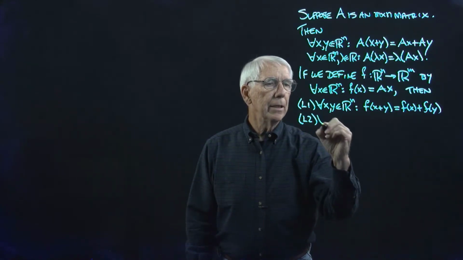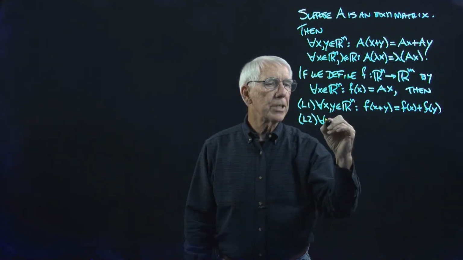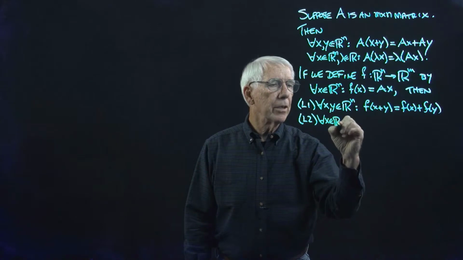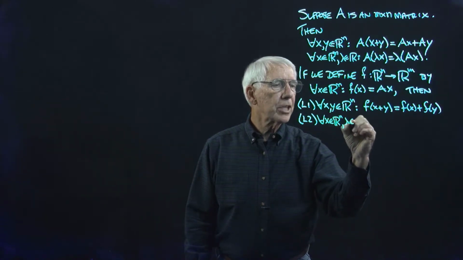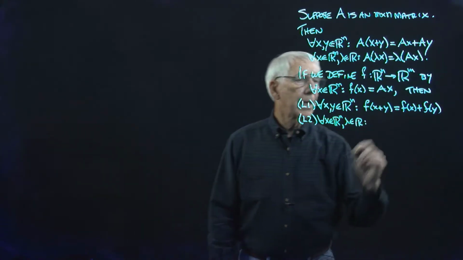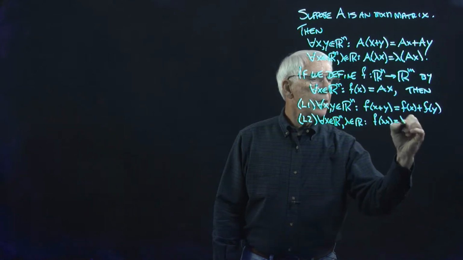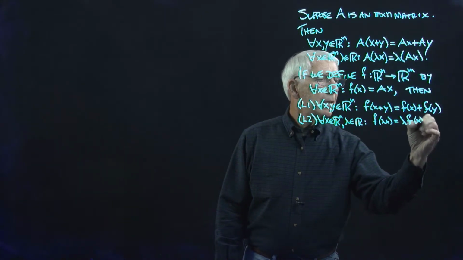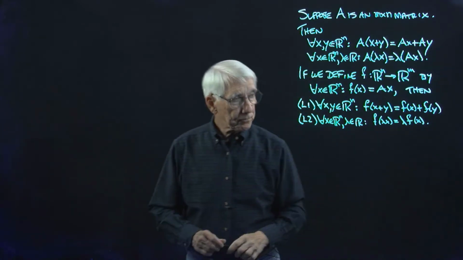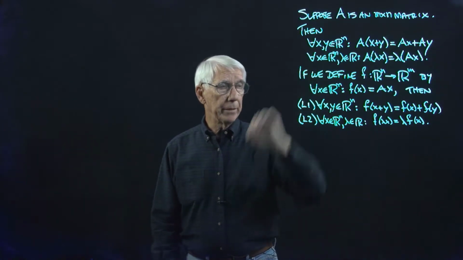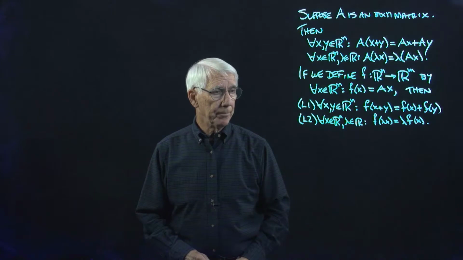And similarly, of course, I can rewrite the second statement: for every x in Rn and every scalar lambda, it's the case that f of lambda x is equal to lambda times f of x. Again, just rewriting the two statements up here.